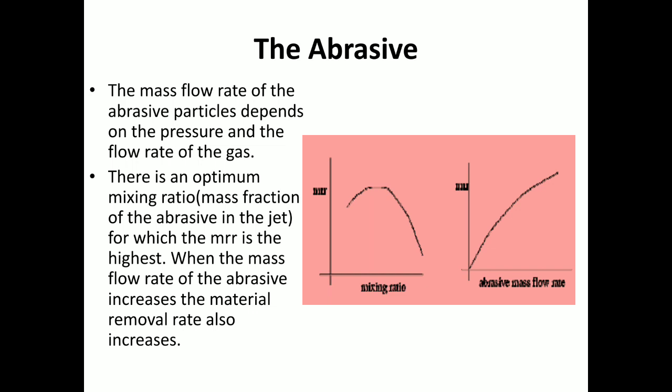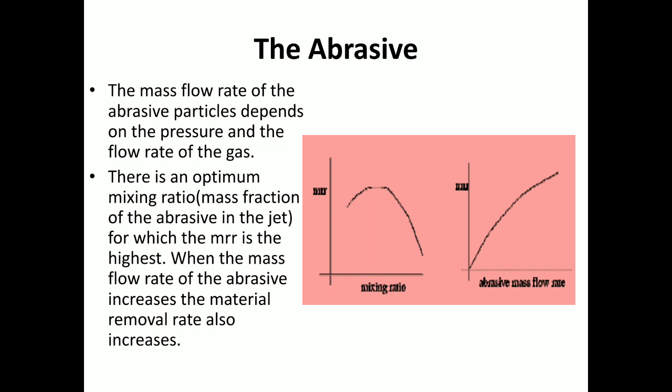That is, how many kg or grams of abrasive are coming per unit time is called the mass flow rate of abrasive particles, and it depends on the pressure and the flow rate of the gas.